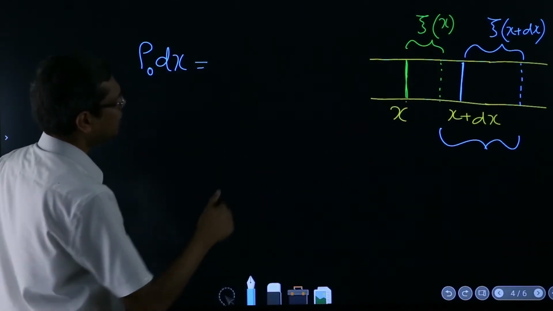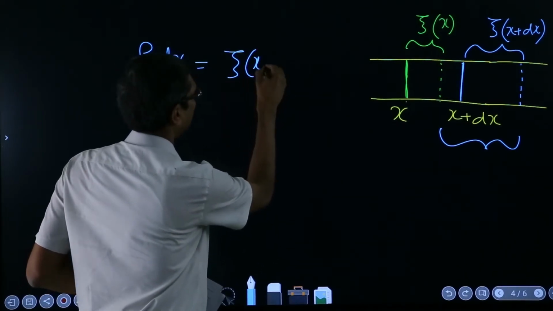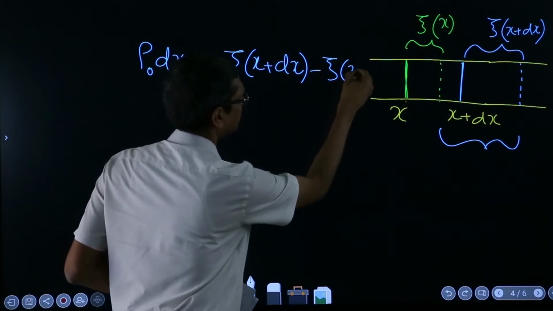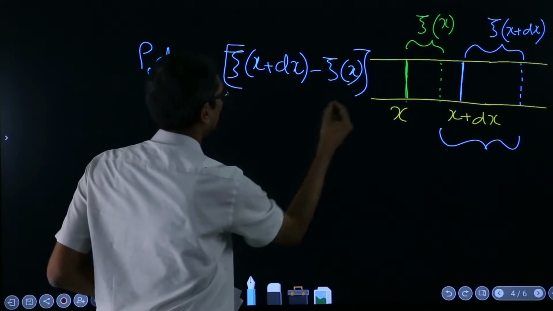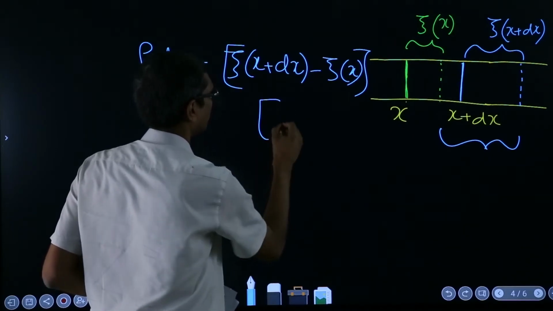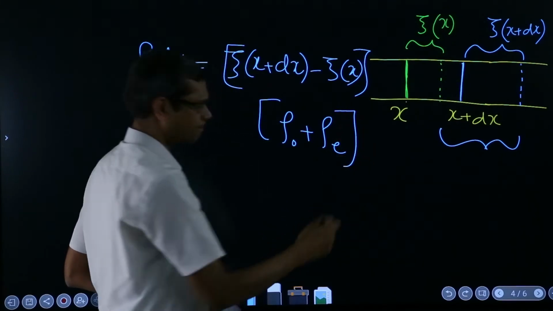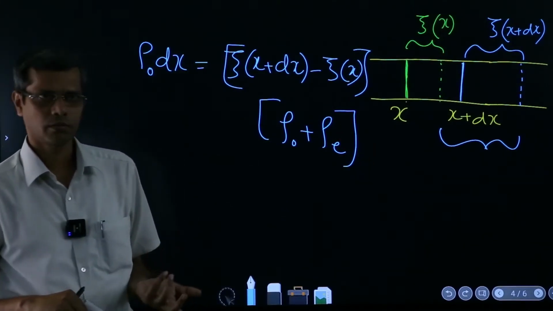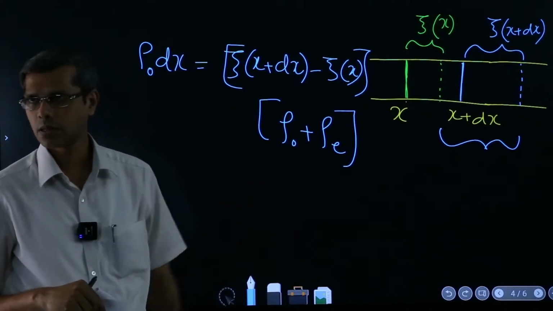So that means now it is like x plus dx minus this times rho naught plus rho e. Right? So just the mass balance.